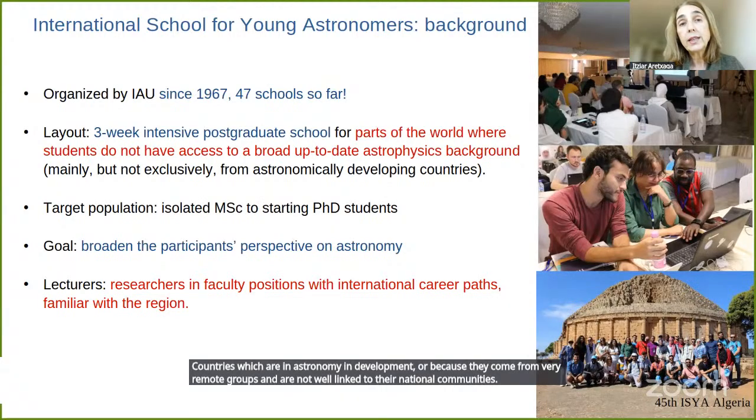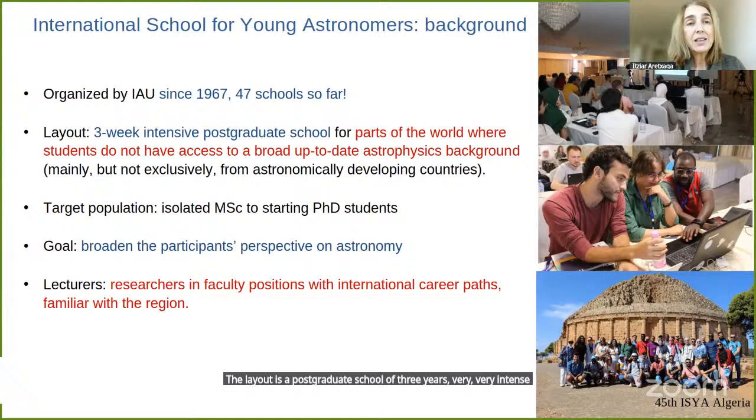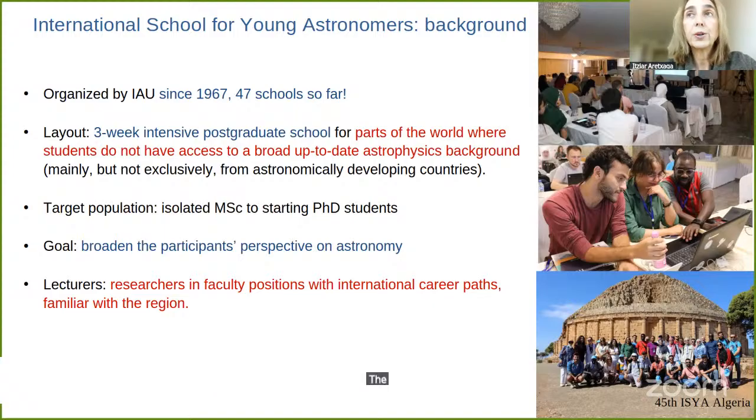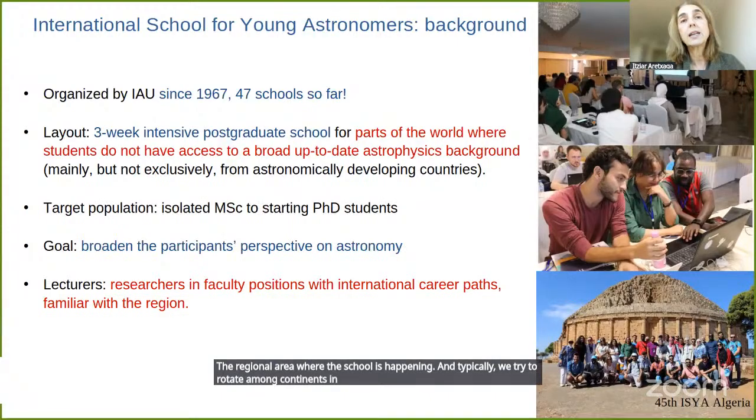The layout is a postgraduate school of 3 years, very, very intense. The lecturers who are invited come from all over the world. The students usually are extracted from the regional area where the school is happening, and typically we try to rotate among continents in order to attract the students that are in this situation.